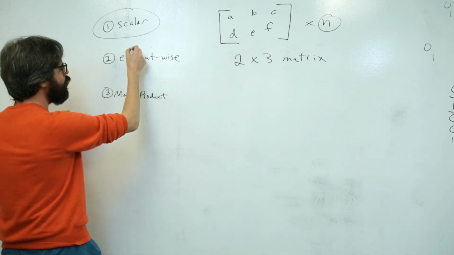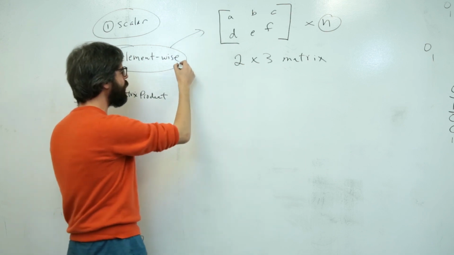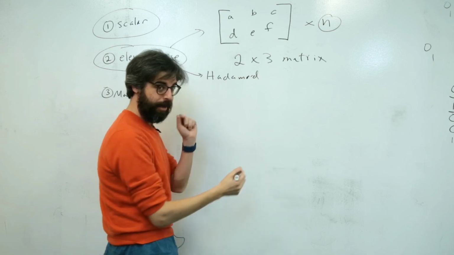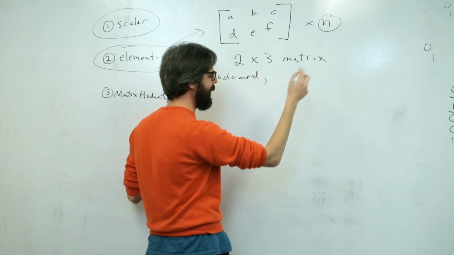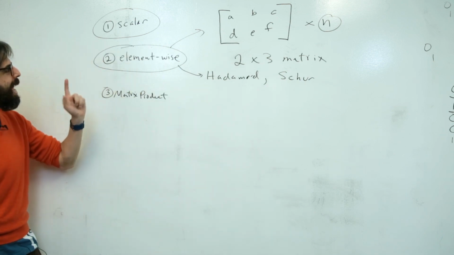I could also do what's known as element-wise multiplication, also referred to as the Hadamard product. I don't know if I'm pronouncing that correctly. And breaking news, somebody in the live chat told me that it is sometimes also called a Schur product.